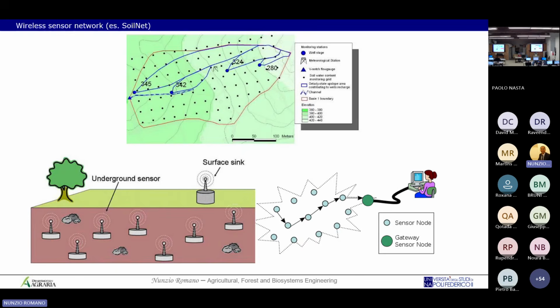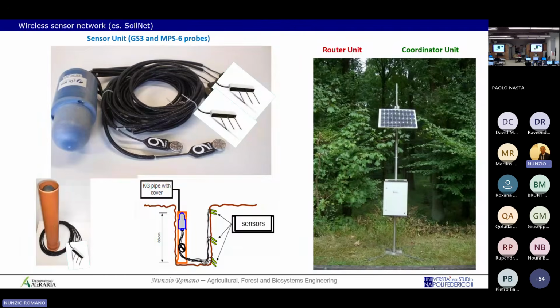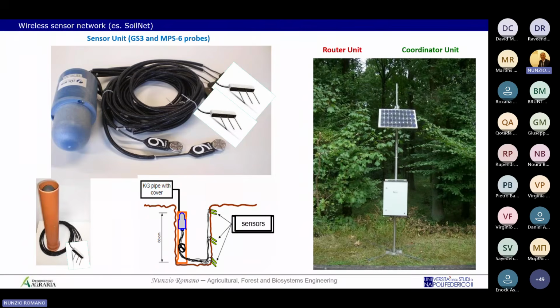This is very useful. You can see in the top center of this slide the different positions of the sensors. These are the sensor units. You have for example the TEROS or GS3, MPS6.